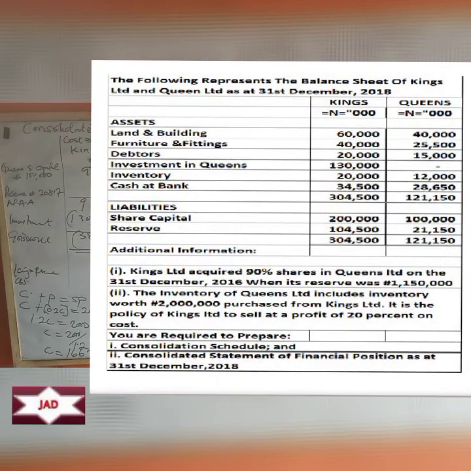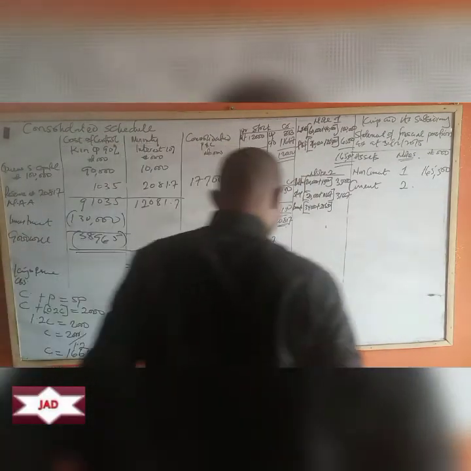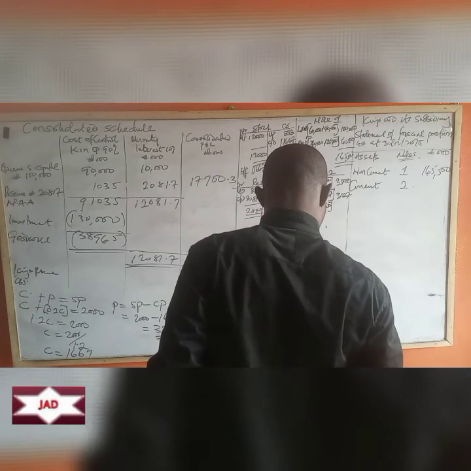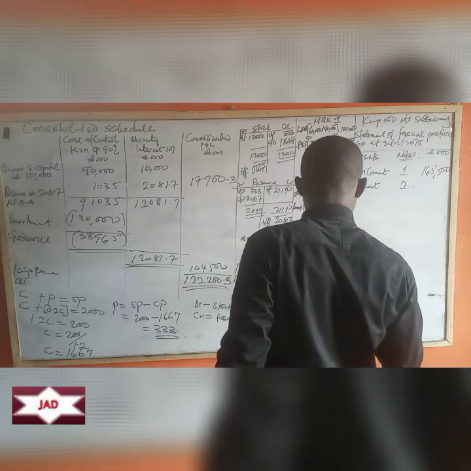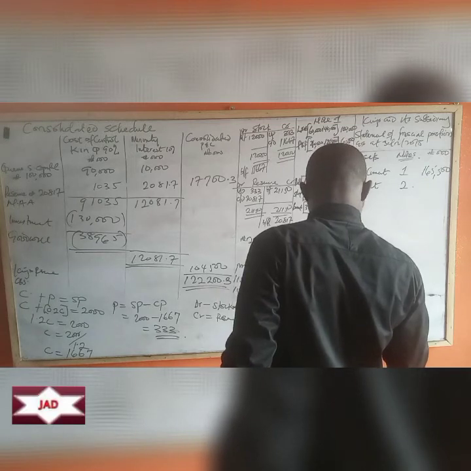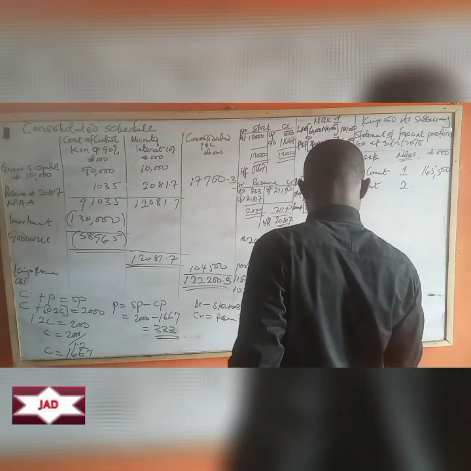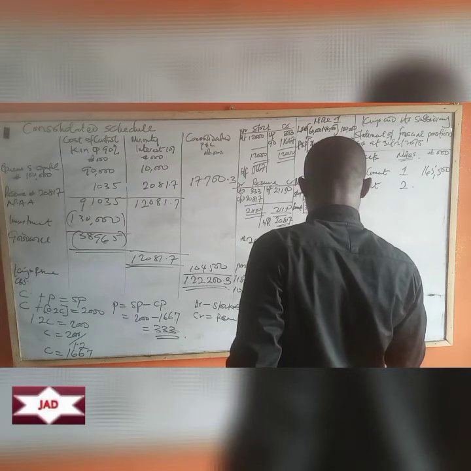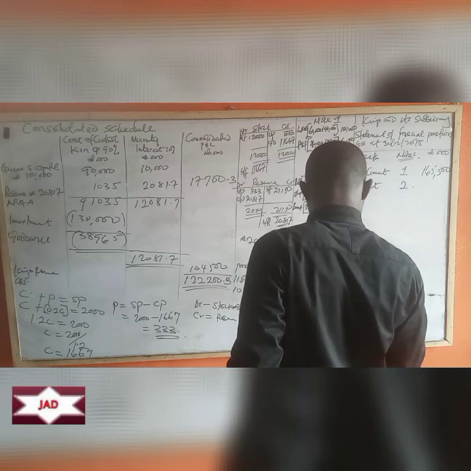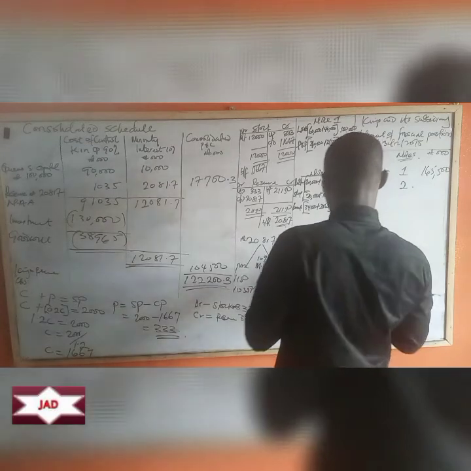So what do you have? 63,150. Add everything up.